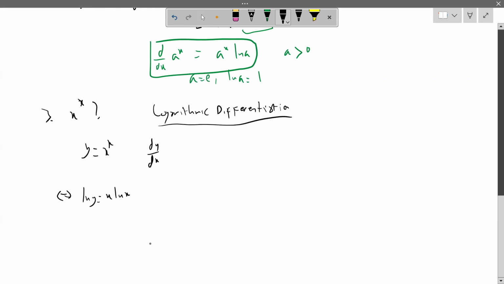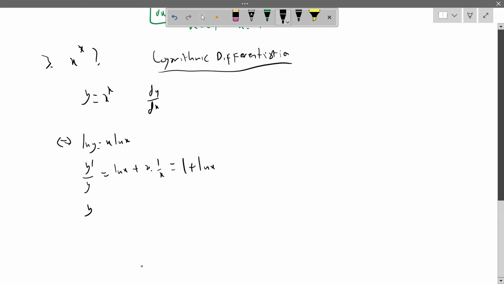Now, from this point, we can find the derivative of both sides with respect to x. The left-hand side becomes y prime over y, while the right-hand side becomes ln of x plus x times 1 over x, using the product rule, which simplifies to 1 plus ln of x.